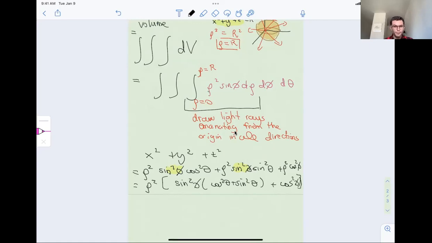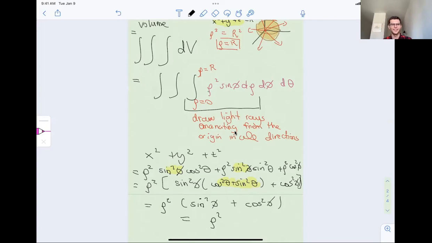So what happens with this parenthesis? It becomes 1, right? And then you get another one because you've got the sine squared plus cosine squared of phi. Is that making sense? That's why x squared plus y squared plus z squared equals rho squared.